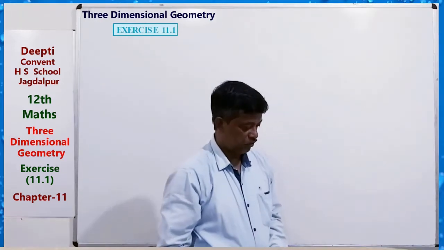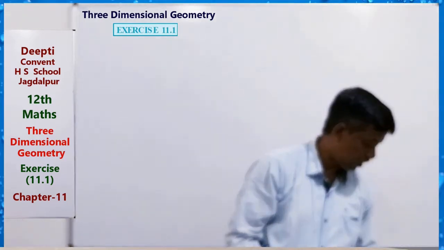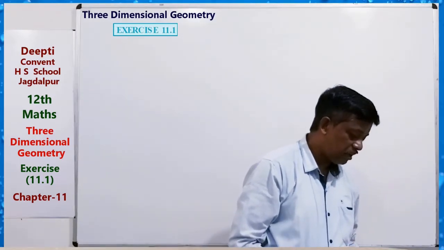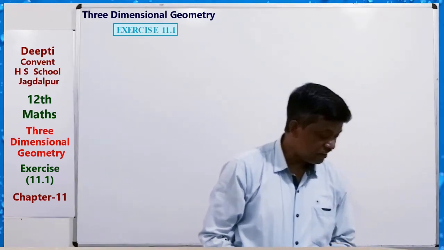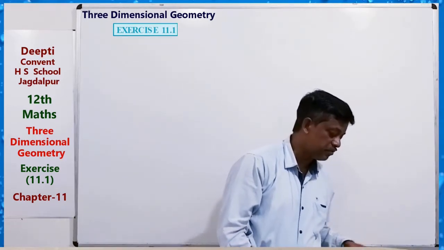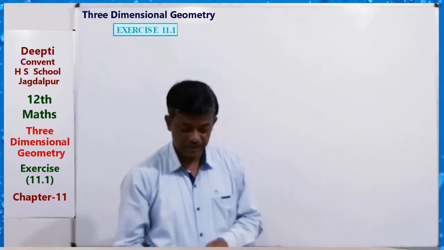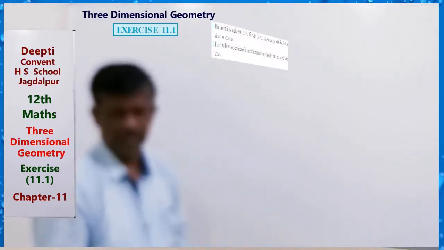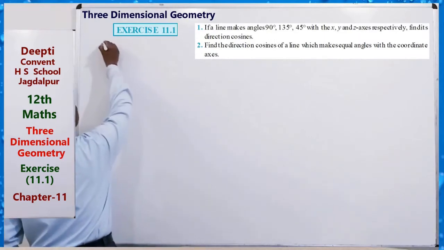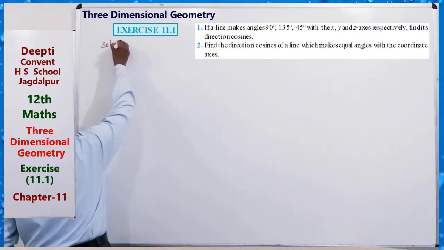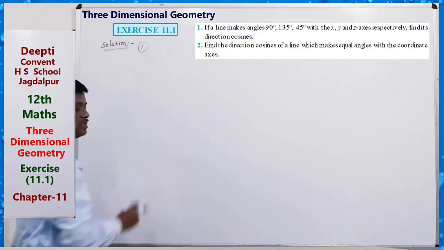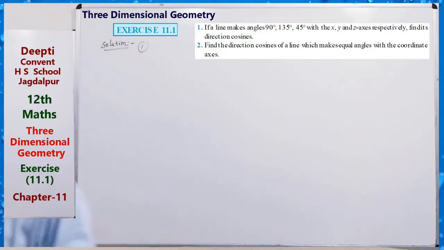Okay. So first of all, question 1: if a line makes angles 90 degrees, 135 degrees, 45 degrees with the x-axis, y-axis, z-axis respectively, find its direction cosines. Very simple. Solution, exercise 1.1, first question.